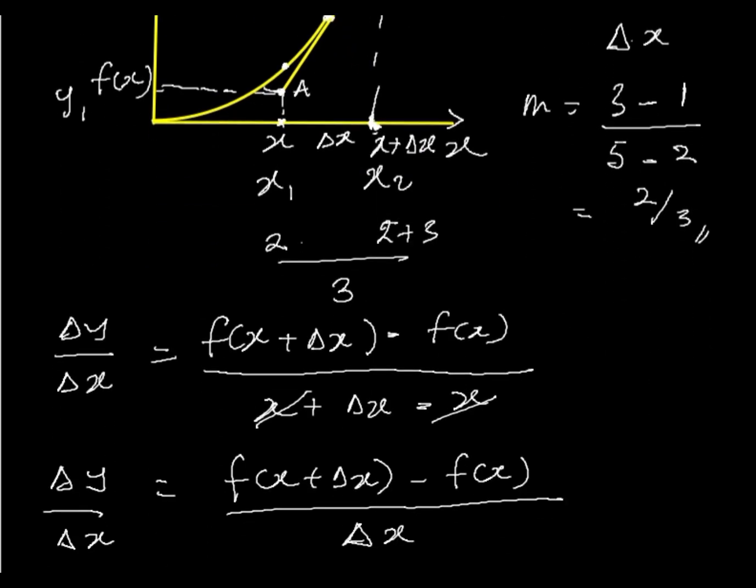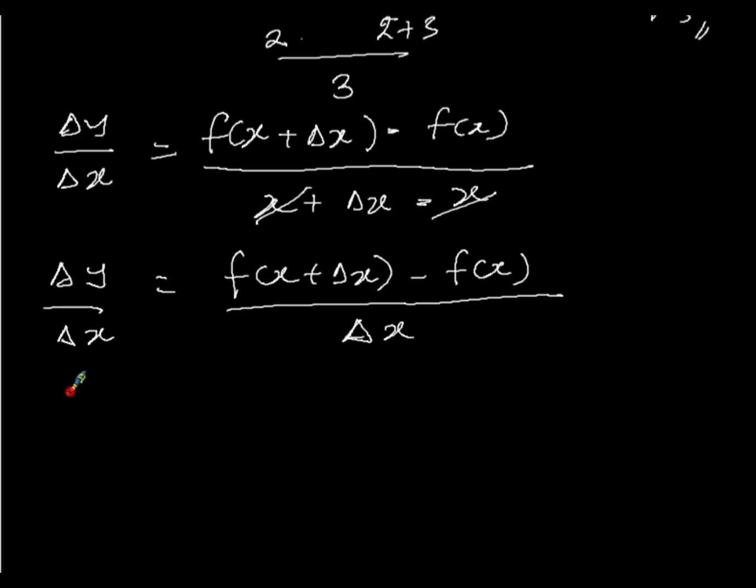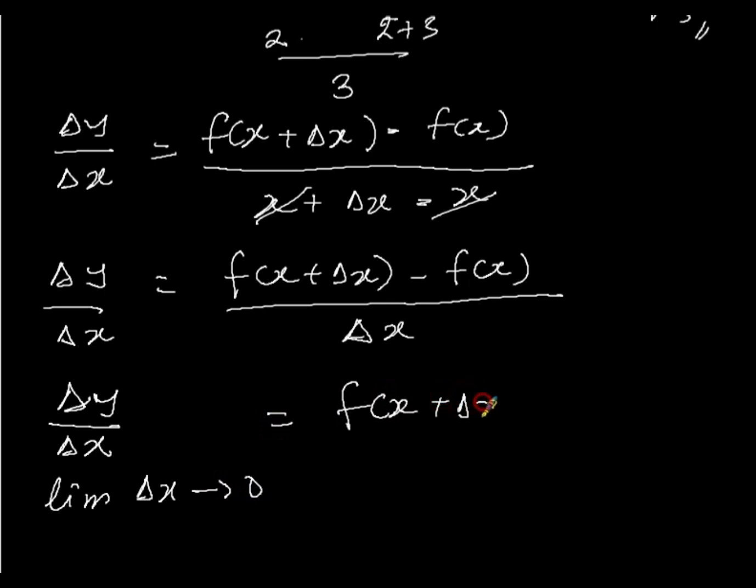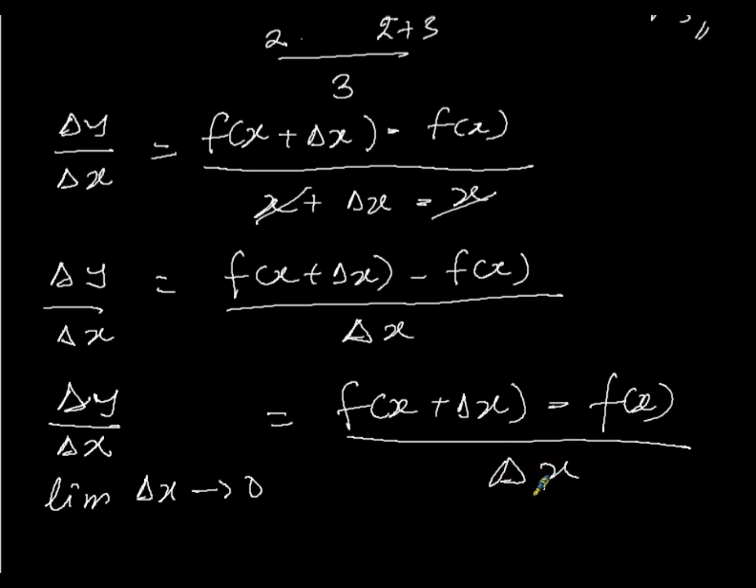And that's why we have to include that change in y over change in x, taking the limits as change in x tends to 0, will give us f of x plus change in x minus f of x over change in x.